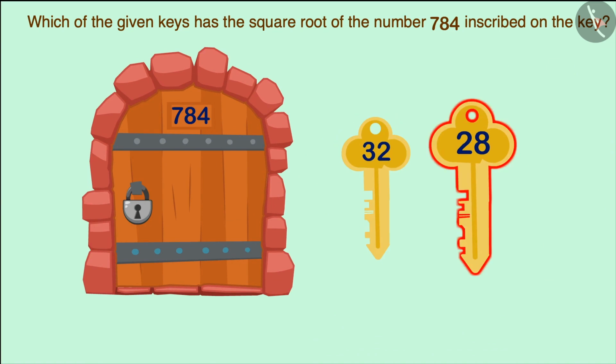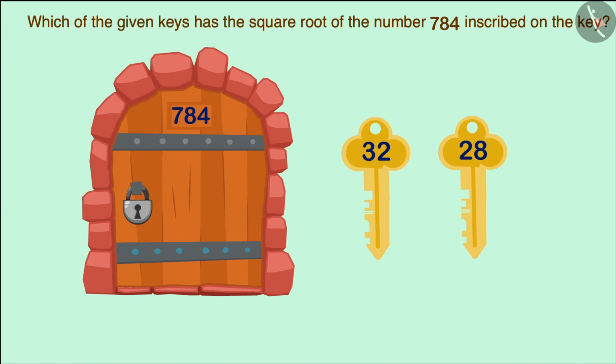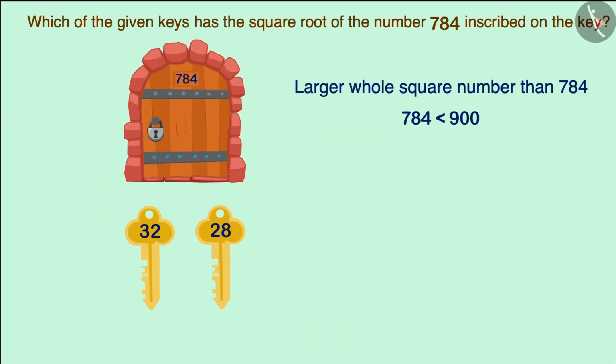Now only 2 keys are left, 32 and 28. Now we have to select one of these 2 keys on which the inscribed number will be the square root of 784. Will the square root of 784 be 32? Let us guess the square root of 784. We take a larger whole square number than 784.